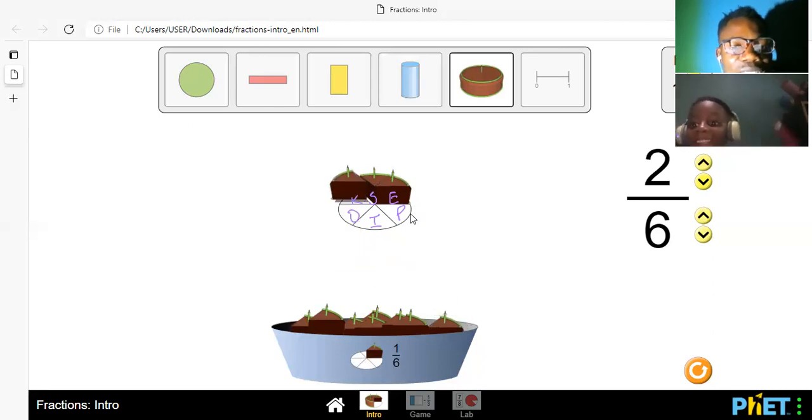Let's say I give Kessie. What would the number turn to if I give Kessie? 3 over 6. Okay, good.